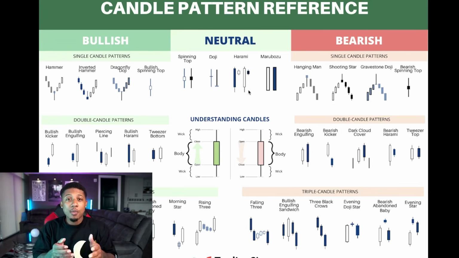You have to look at the past, because at the end of the day, price has memory. If you've never heard of that, well, there you go. Price has memory in a sense where price will likely go back to recent levels that it was at in the past, whether it's from last month, last year, last quarter, yesterday, so on and so forth. So seeing these candlesticks in certain levels will drastically help you understand where price can go. So with that being said, let's get into this reference sheet.